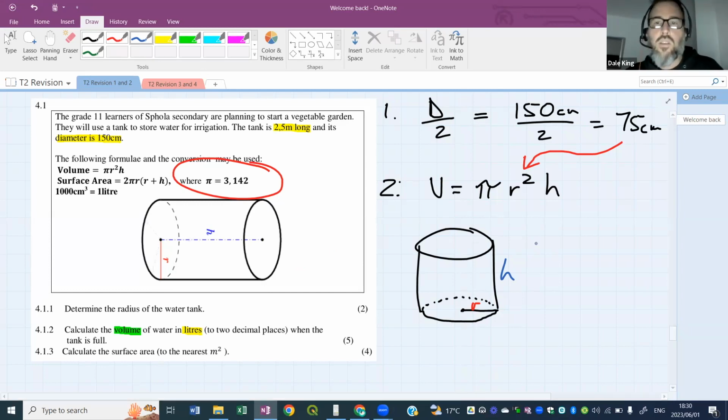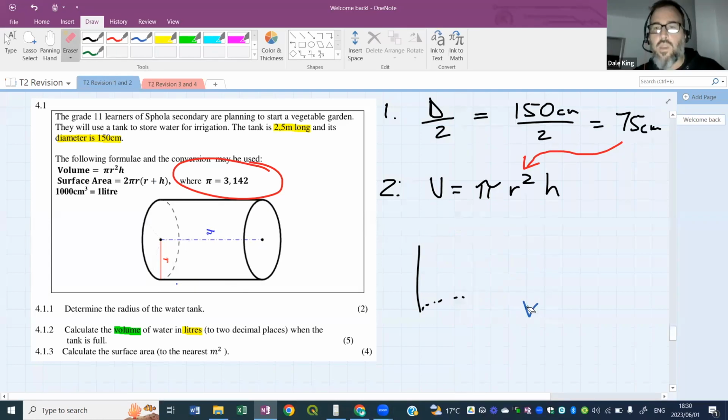So this height here of the tank standing up is the same as this height here of the tank on its side. Please remember that. Whether it's standing up or on its side, that dimension doesn't change. It's still the same dimension. Just remember that, especially with rectangular prisms and triangular prisms. All right, so we need a height.